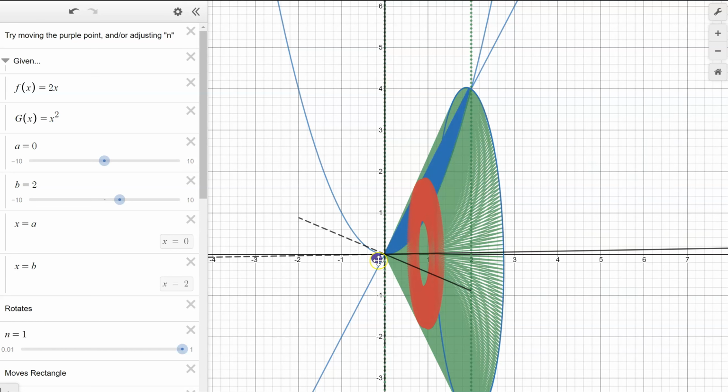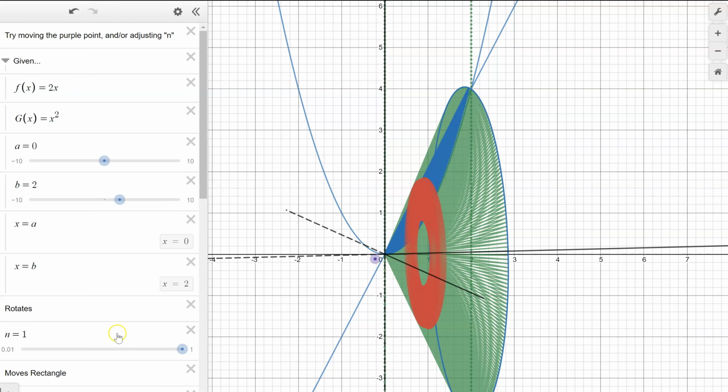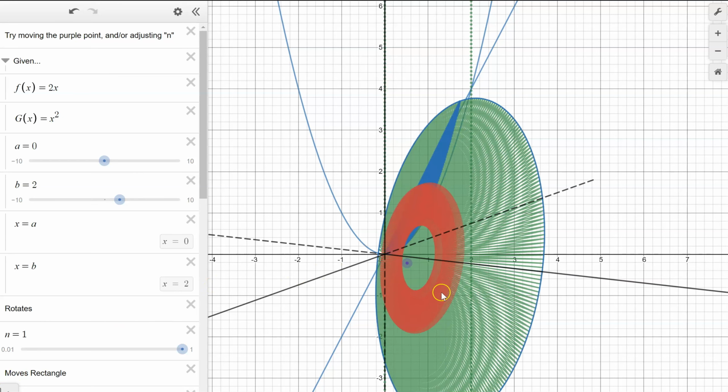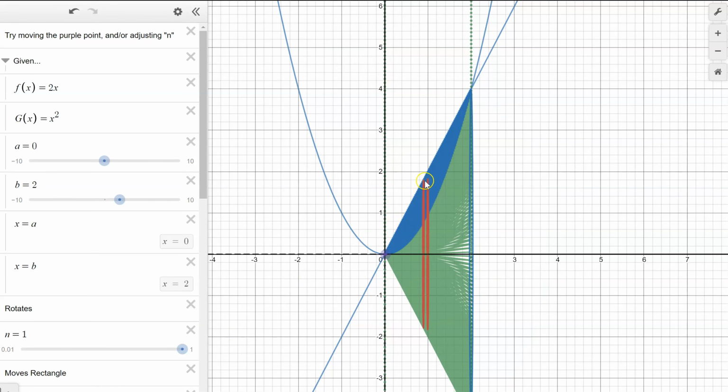So if you move it a little bit, there's a major delay going on. We end up with this. You can see it's a washer. And so the top function is the bigger one, and the other function is the smaller. So if I move it back, you can see that y equals 2x is the top, x squared is the bottom. So that's the rectangle that's being rotated.